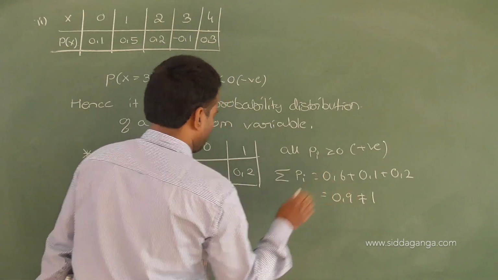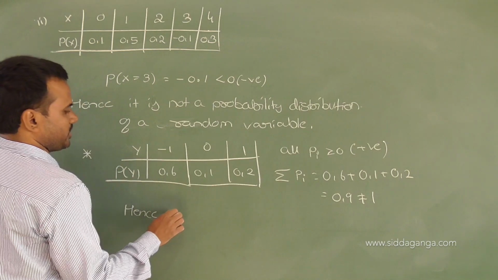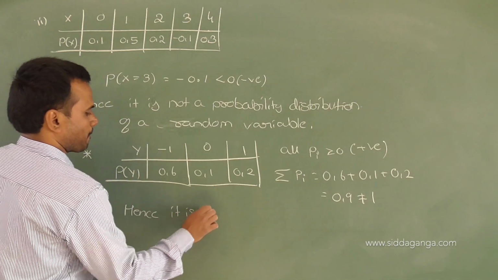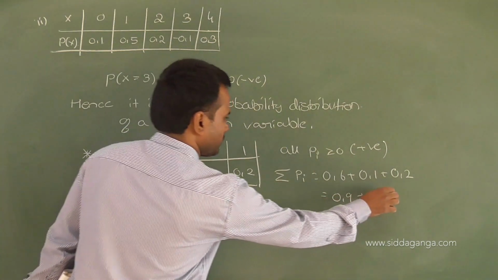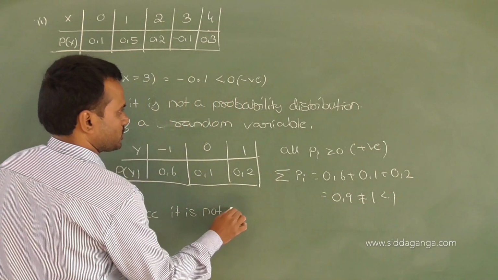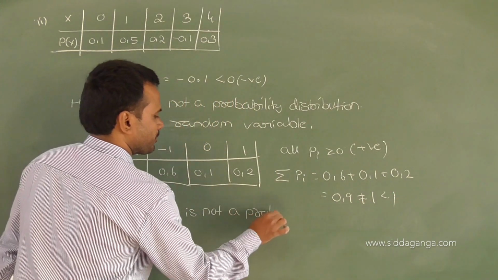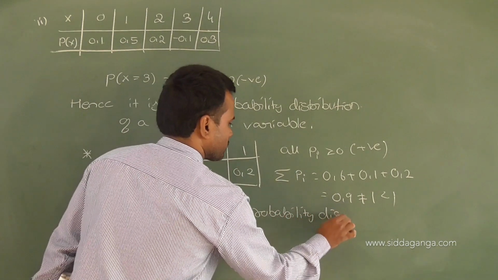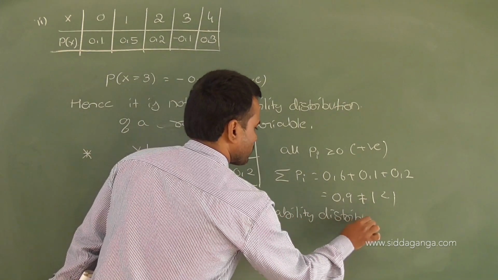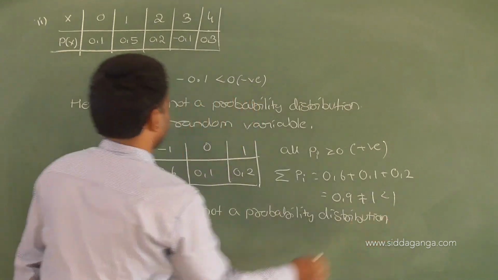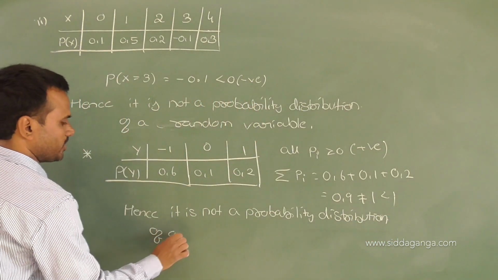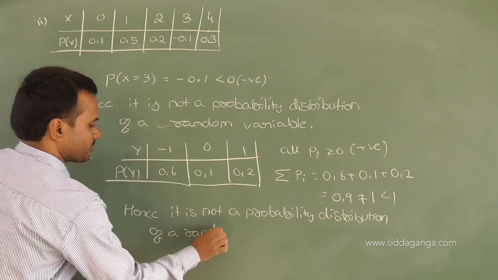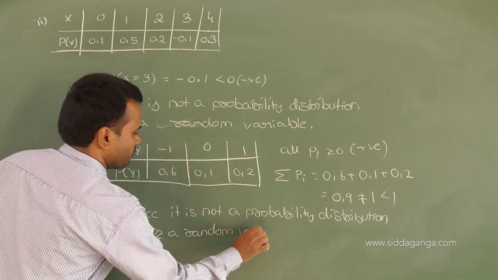Because it is less than 1, hence it is not a probability distribution of a random variable.